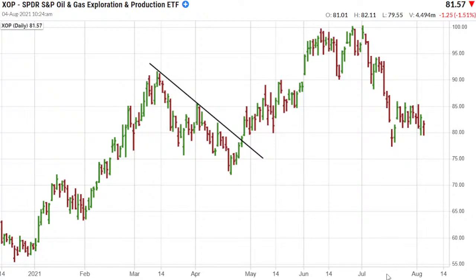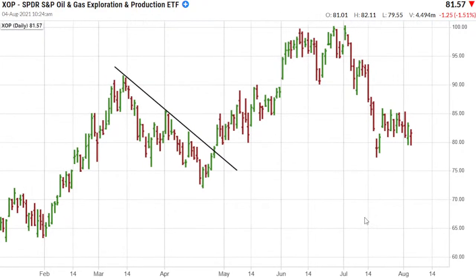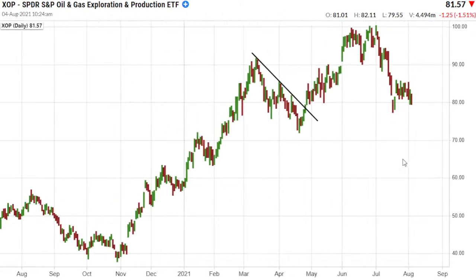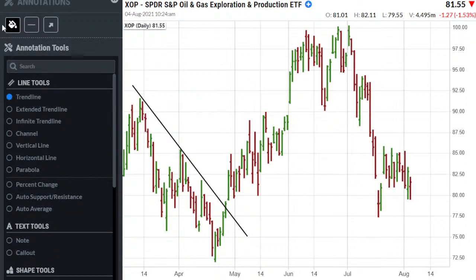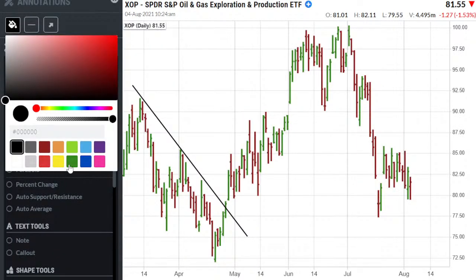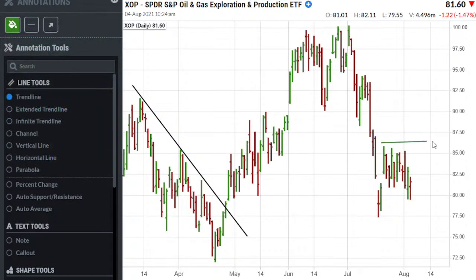So XOP, which is the energy, oil and gas exploration and production ETF, is still looking fairly decent here. It's had a pretty nice little sell down and then a consolidation. Now, of course, it's trading at the lower end here, but the entry trigger on this, let me draw that on here just so that we have it for future reference.